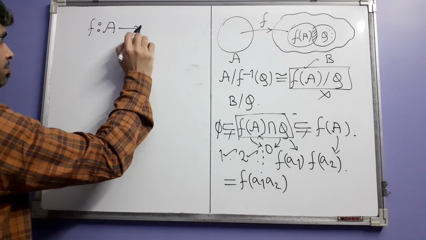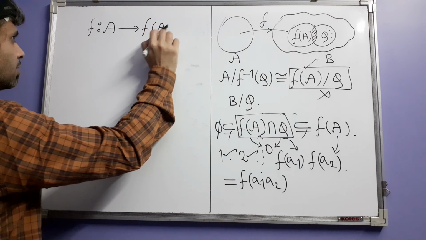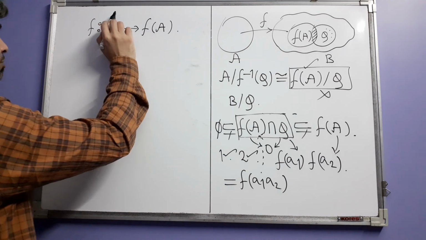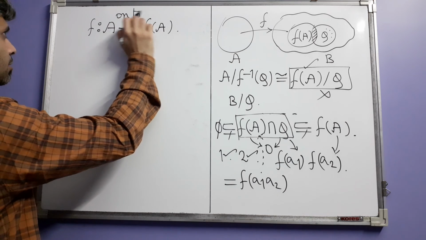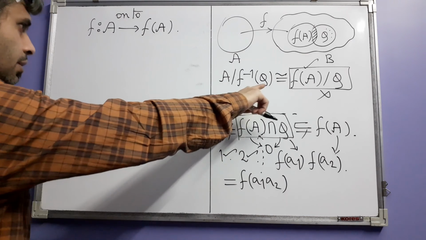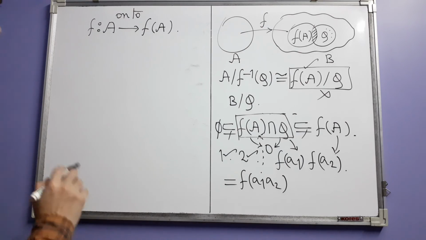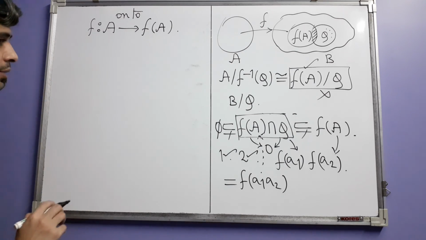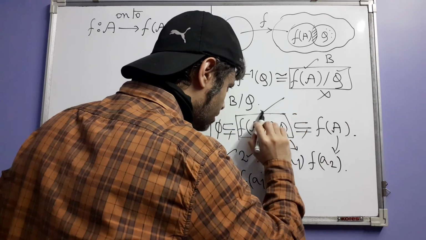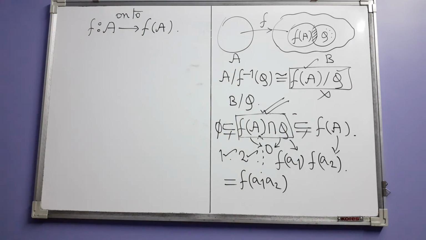We now replace B with the image of A under f. Now this is not simply a homomorphism but a surjective one. It is onto. And yes, now I can apply the correspondence theorem. And the correspondence theorem gives me an isomorphism like this, except now something will change. In place of the ideal Q, we are now going to consider this ideal of f of A.